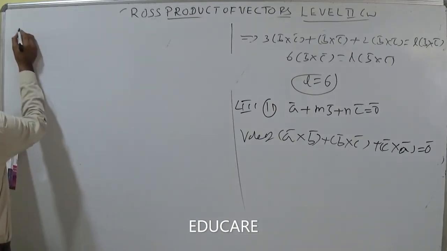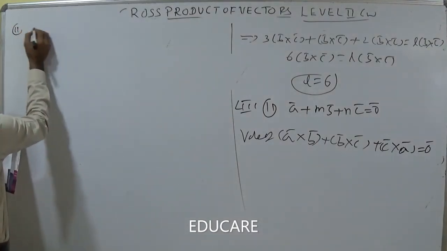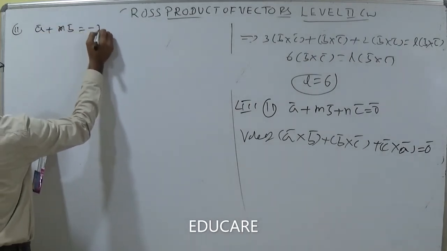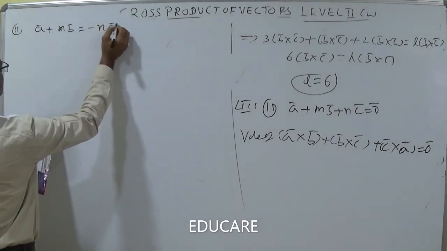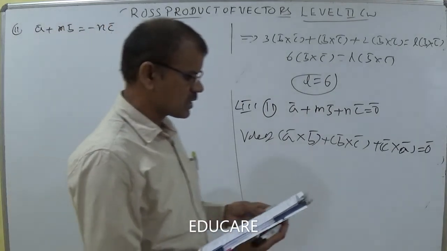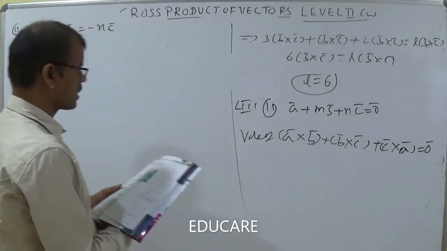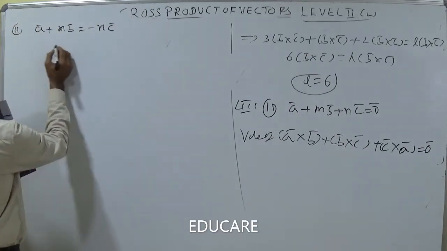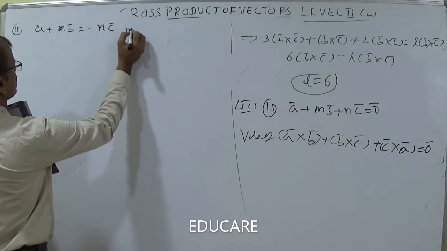A bar plus M B bar is equal to minus N C bar given. The value A cross B plus B cross C plus C cross A is equal to 0, also the data he given. A plus B is equal to minus NC taken. Multiply here.